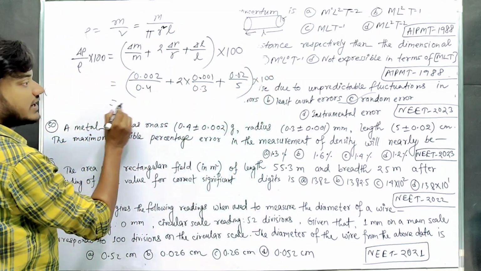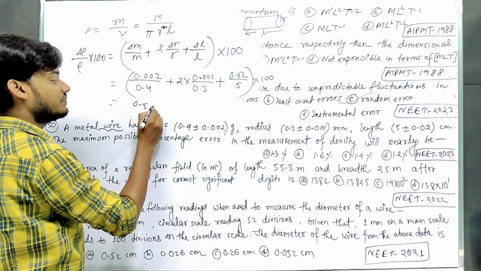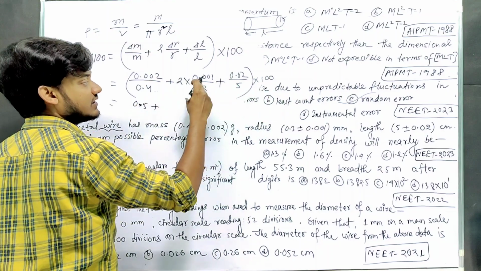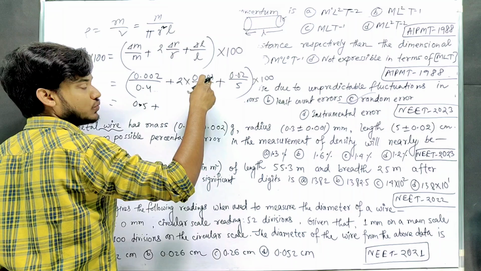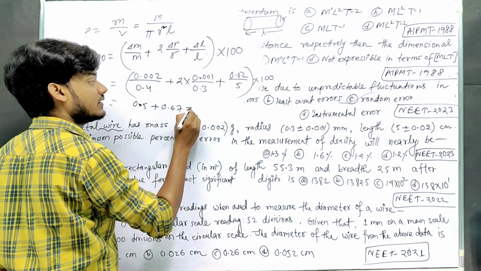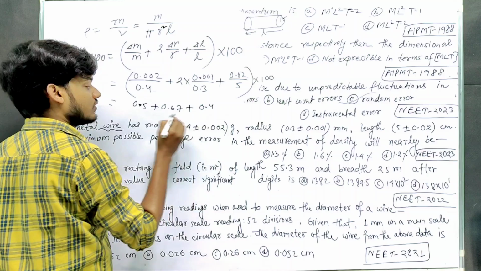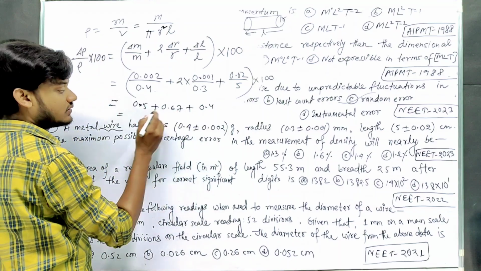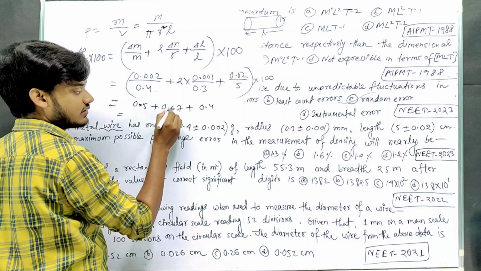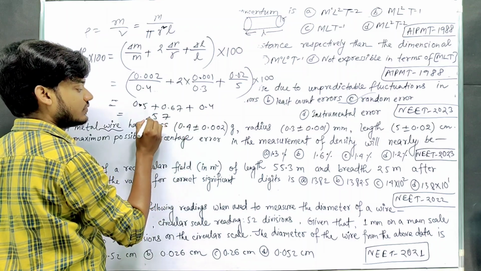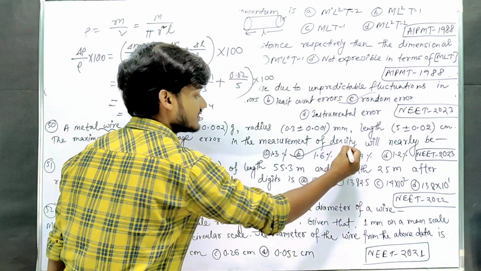If we multiply by 100, 0.2 by 0.4 is 0.5. Then 0.2 by 0.3, 2 by 3 means 0.67, plus 0.2 by 5 means 4. So if we add this, we get nearly 1.6. This is the right answer.